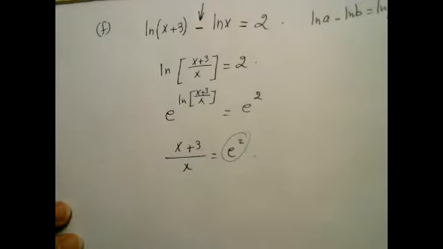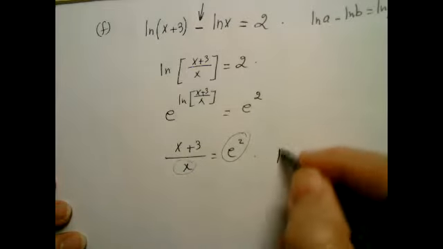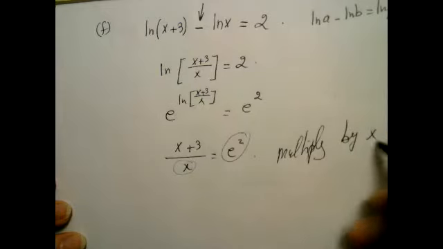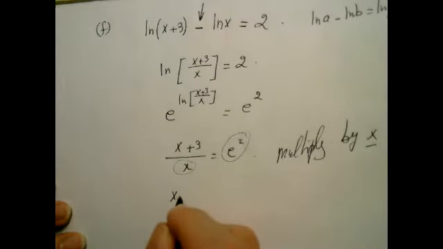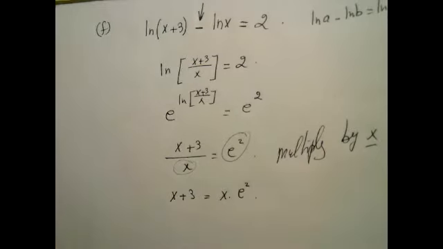So how can I solve this equation? Multiply each side by x, which means multiplying by the denominator, on both sides. That gives me x plus 3 equal x times e squared. Now we really have a basic problem.